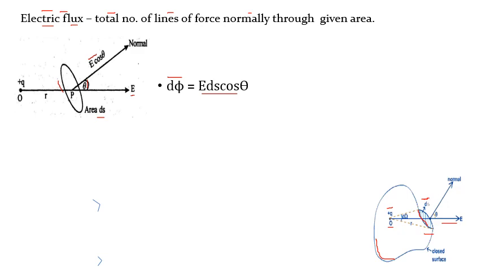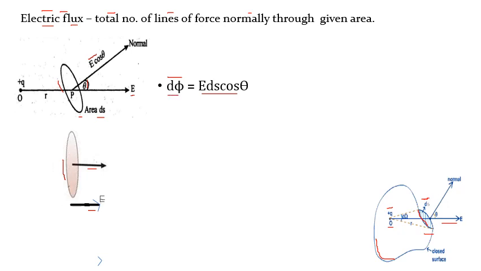Remember this formula. Now see some particular cases. If same area element ds is held here in such a way that normal to this area and direction of E both are same or parallel to one another, then what about this dφ?